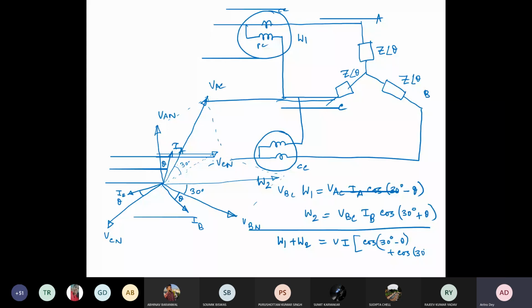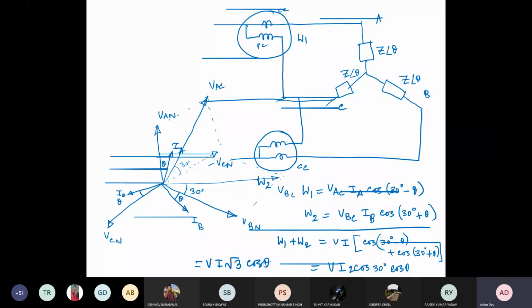So you will get VI cos 30 cos theta into 2. So cos 30 is root 3 by 2, isn't it? And cos 60 equal to half. So it is V into I into root 3 into cos theta. So you get what you are supposed to get as per the power measurement, which is root 3 into VL IL cos theta.